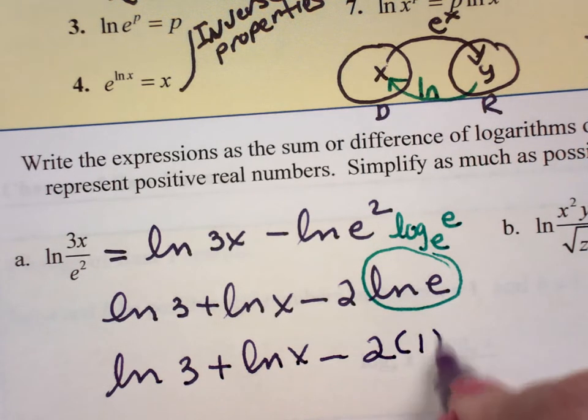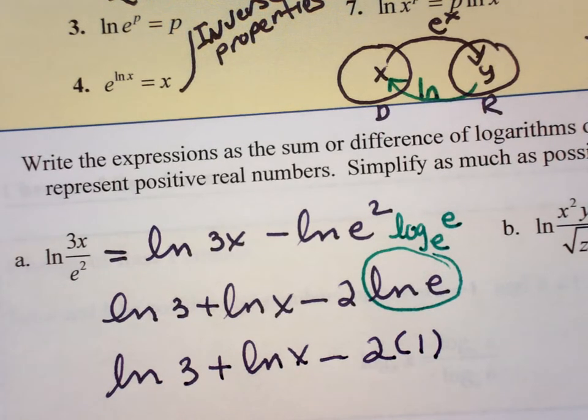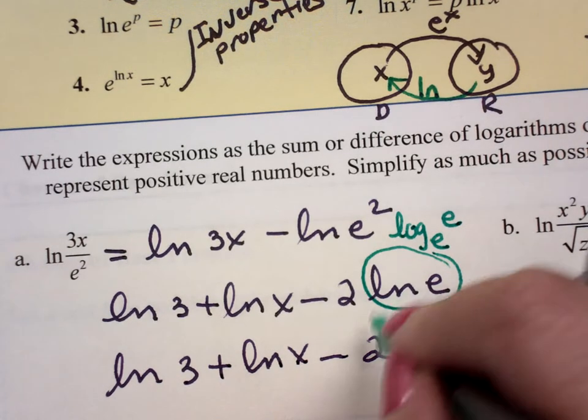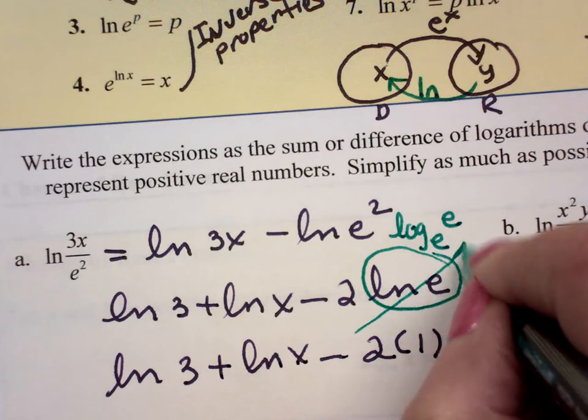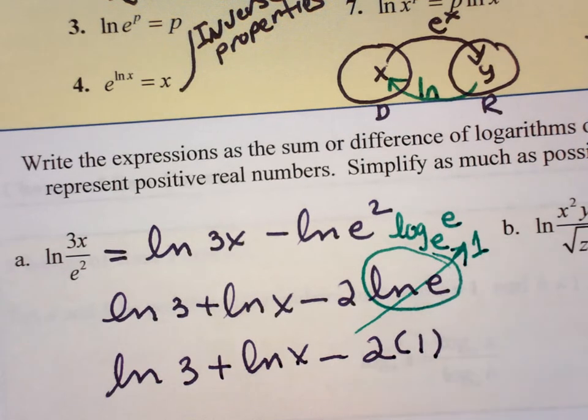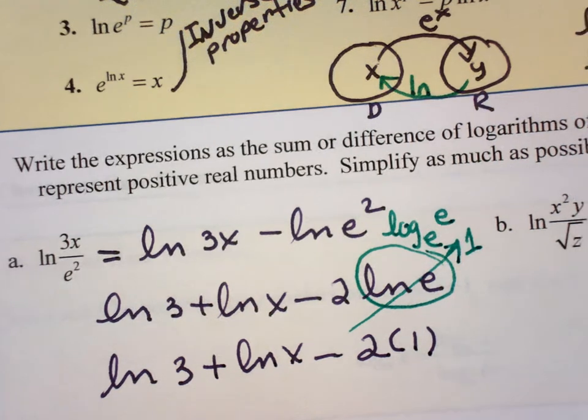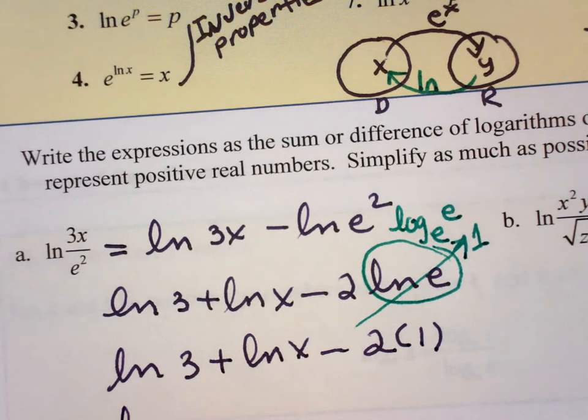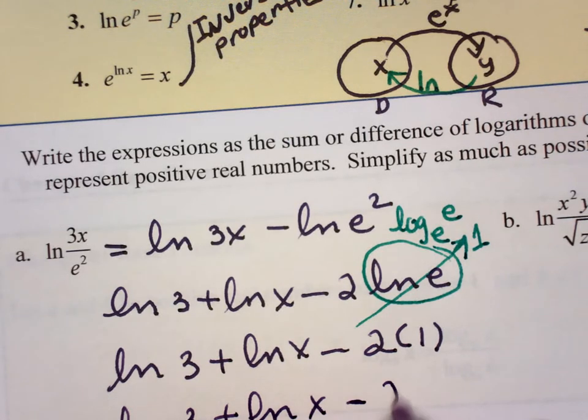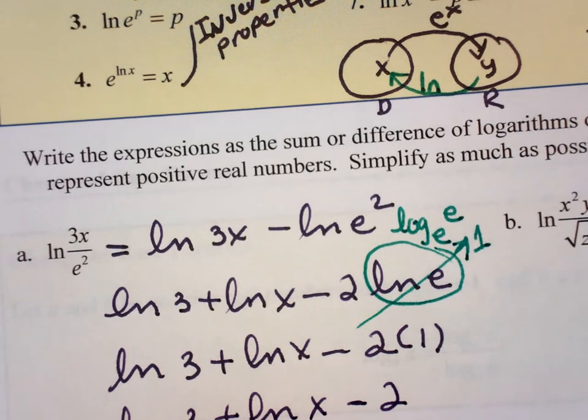Natural log of e is 1. What you'll see me do most of the time is I'll come up through here like this and put a 1. So natural log of 3 plus natural log of x minus 2 is the answer.